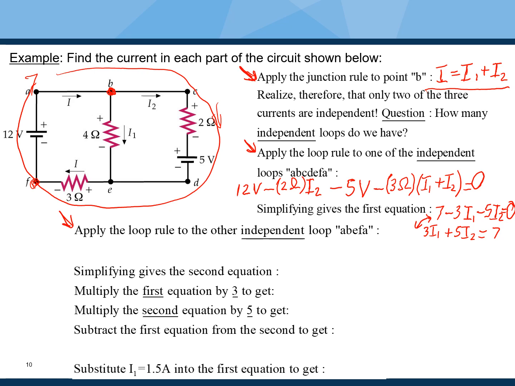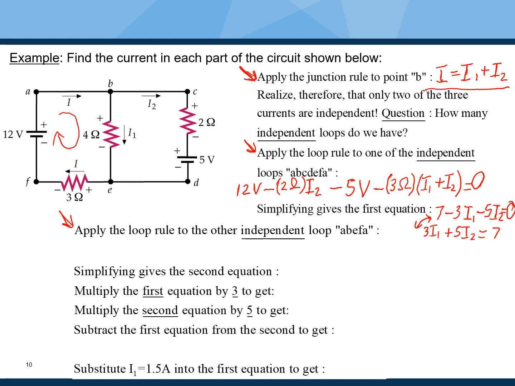The choice that is being suggested to us is A, B, E, F, A. So let me take my eraser and erase the first loop that we drew, clean up everything, and prepare ourselves for applying the loop rule to A, B, E, F, A. Namely, we're going to go around in this loop out here.